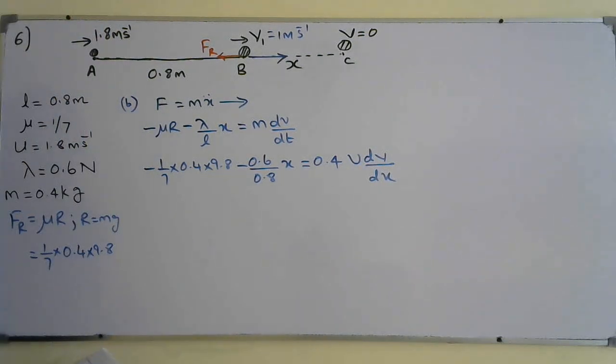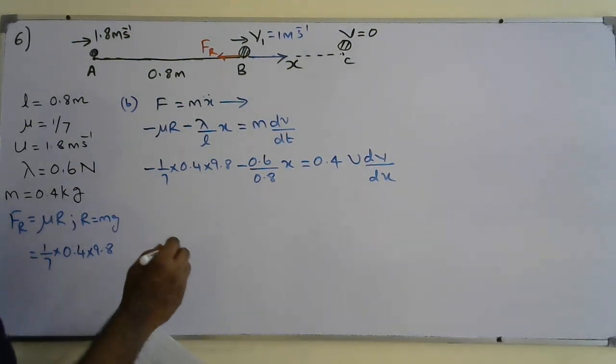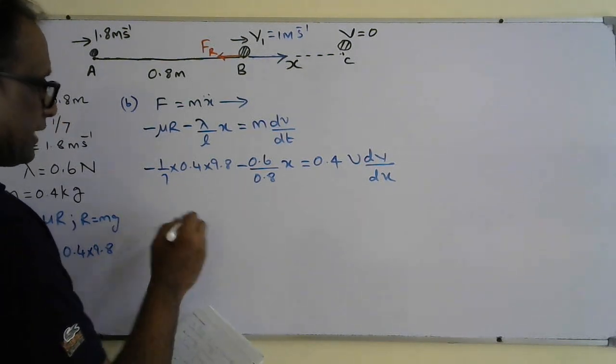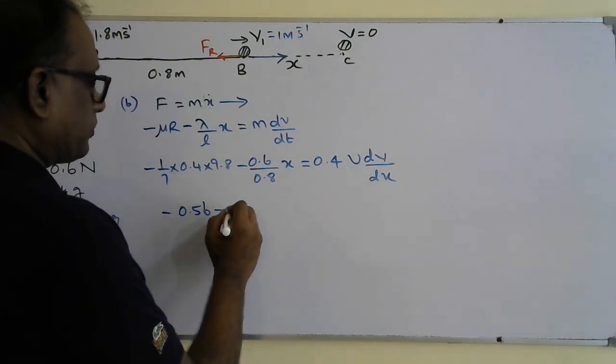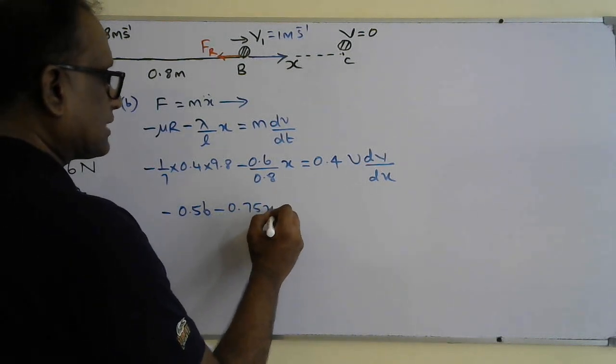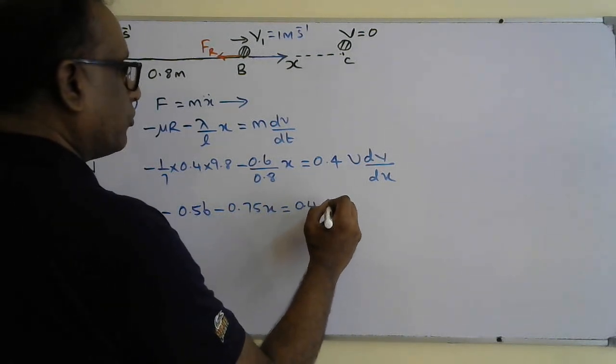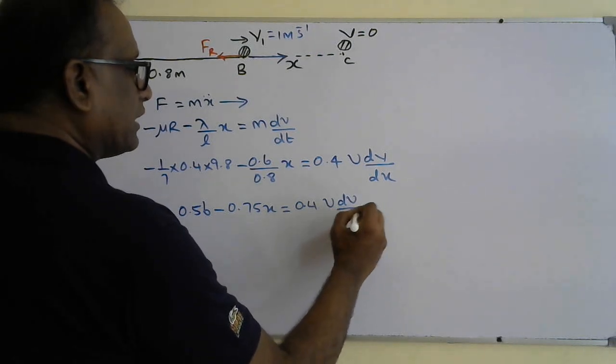We'll write that way. So solve it for this. This is going to be minus 0.56 minus 0.75x equal 0.4 v dv over dx.